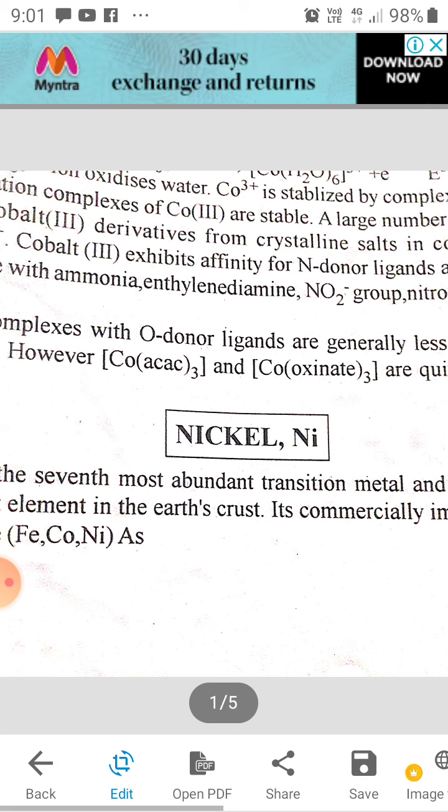Nickel is the 7th most abundant transition metal, and it has commercially important ores such as smaltite, cobalt, nickel, and arsenic.